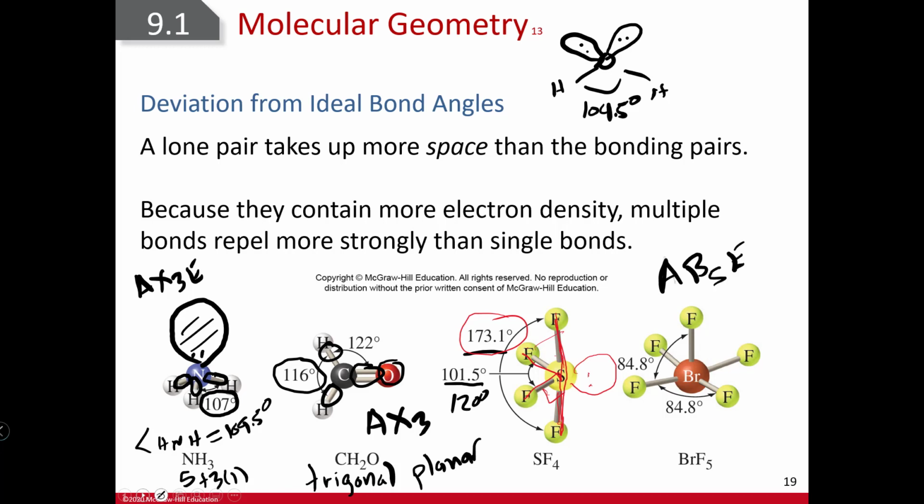So that's what it tells you. It's 6 things coming off. It's based on the octahedral electron domain geometry, but the molecular geometry would be square pyramidal. Square base here, and then the top of the peak here.